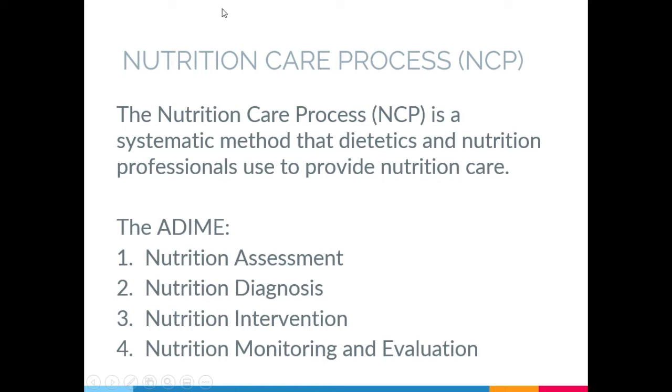So we have the problem, etiology, signs and symptoms. So the nutrition diagnosis is structured in that format. So for example, obesity related to excessive calorie intake and physical inactivity as evidenced by BMI of 30 kilograms per meter squared and report of sedentary lifestyle. Okay, that's an example of a nutrition diagnosis. Okay? It is formal, structured according to the PES format.